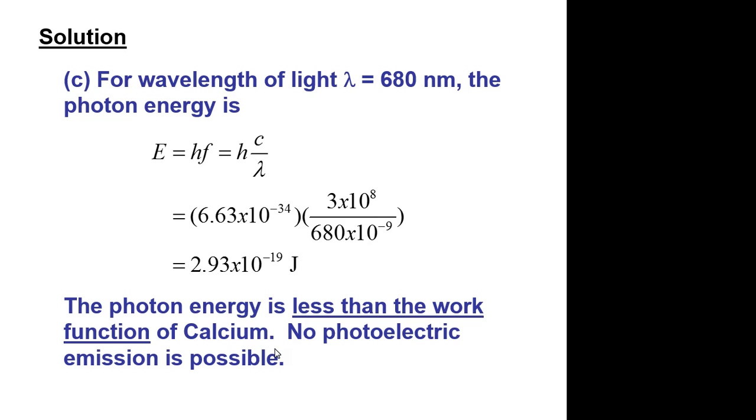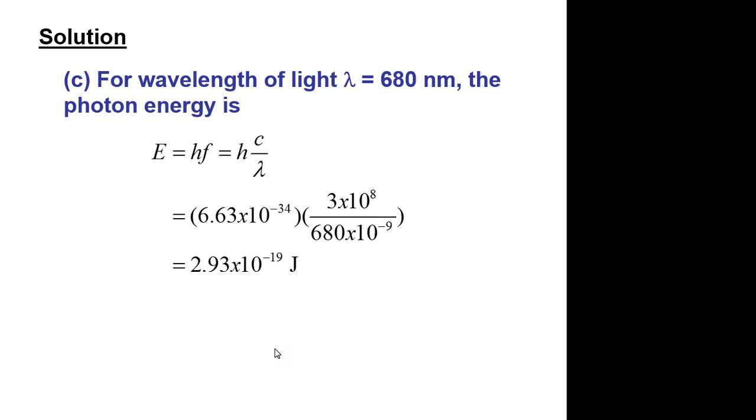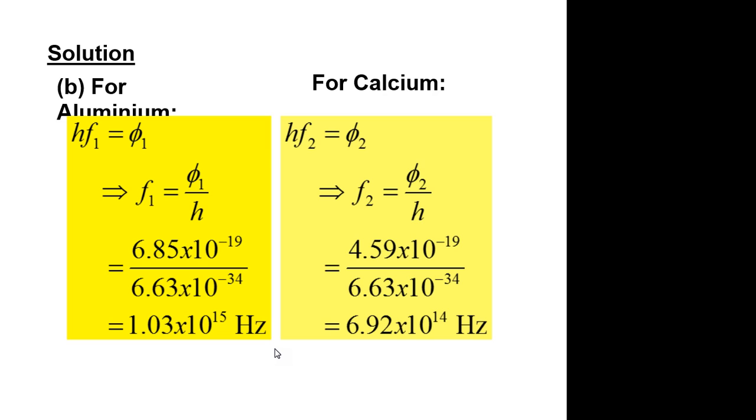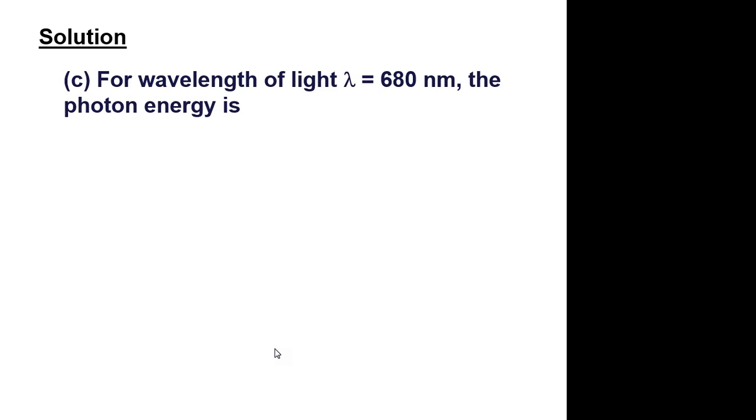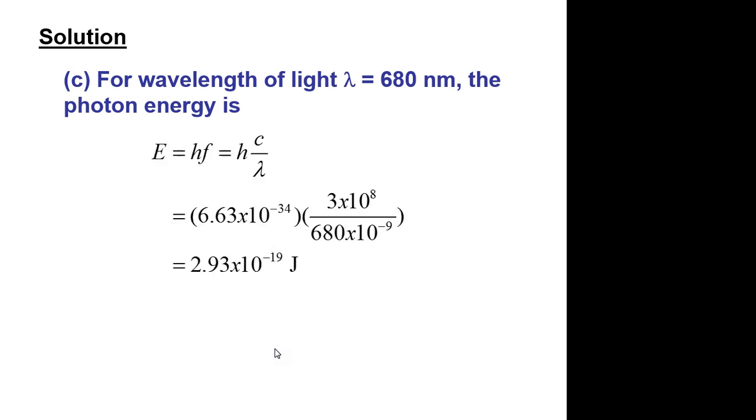Questions? You found lambda here, is it? You found the frequency, then you use the lambda to change to frequency. And you found that it's lower. Good. In fact, that's a faster method. Or just use f, very good. f equals c over lambda.